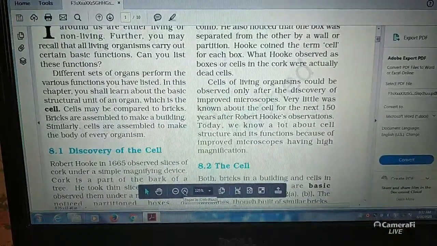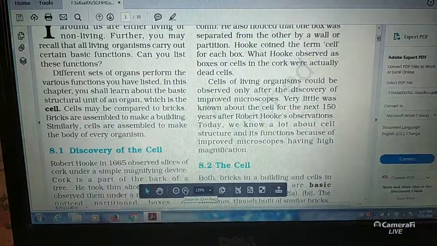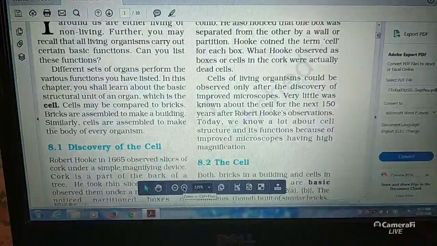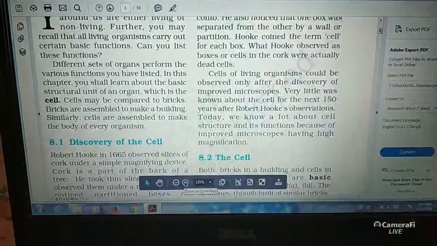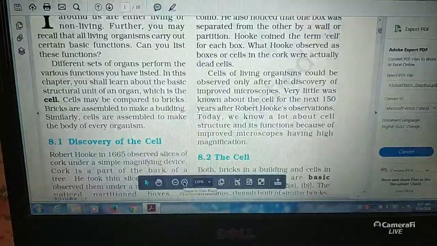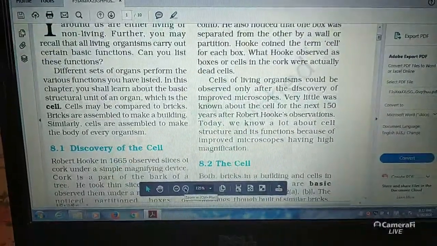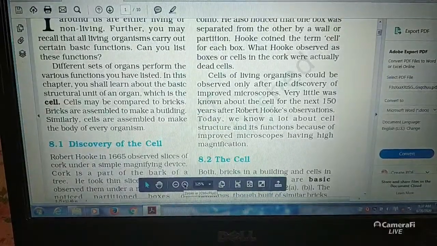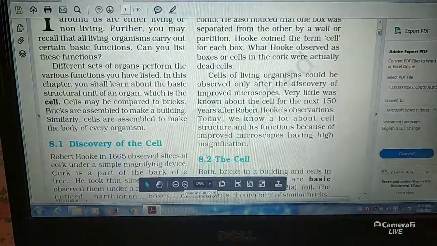What is the syllabus? In the midterm it will be in your syllabus, but not in the coming test. In the midterm it will be included, as we have finished the coming test chapter, so I have started this.